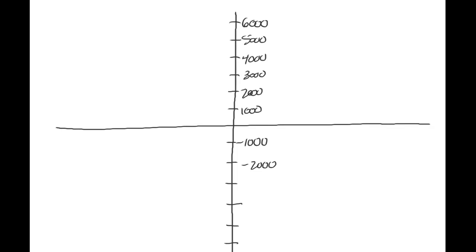So maybe I will scale the y-axis by thousands. So this is 1,000, 2,000, 3,000, 4,000, 5,000, 6,000. This is -1,000, -2,000, -3,000, -4,000, -5,000, -6,000.